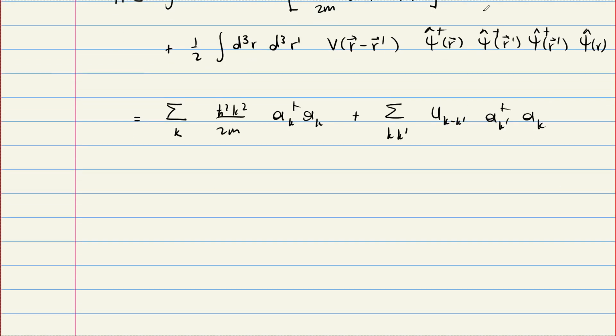Oh yes, this one is a mistake, thank you. Yes, absolutely. And the last one is 1/2V Σ V(q) a_{k′−q}† a_{k+q}† a_k′ a_k. So this is k′, this is k.